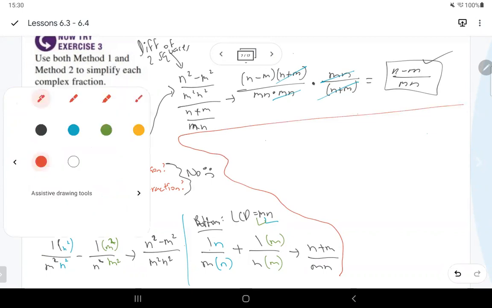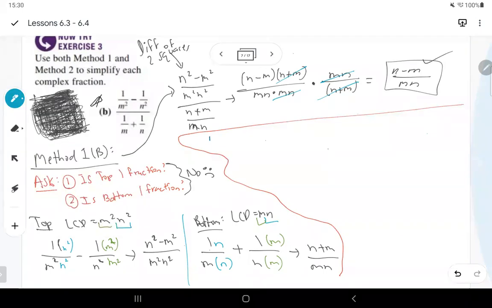Now we have to do method 2 for question B. So we don't have to figure out the fractions. All we have to figure out is the LCD of the whole fraction. The whole complex fraction needs to share one denominator.